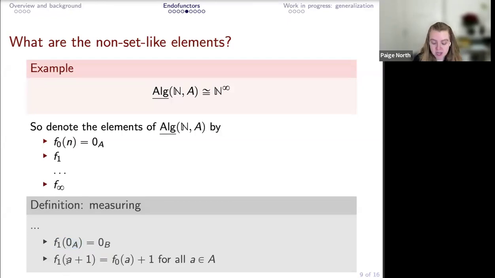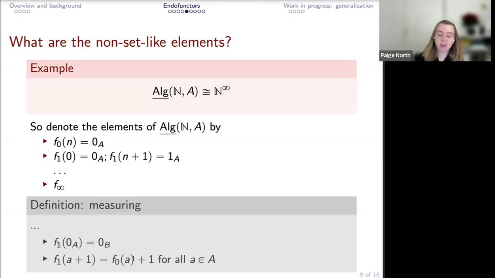But when we look at a successor, we want to know where a successor of a goes. We should look at the value of a, not under f sub 1, but under the previous guy, f sub 0, and then add 1. So if we do that, we know that we already calculated that everything is sent to 0 by f sub 0. So this is 0. So this is sent to 1. Okay, so f sub 1 sends 0 to 0 and everything else to 1.